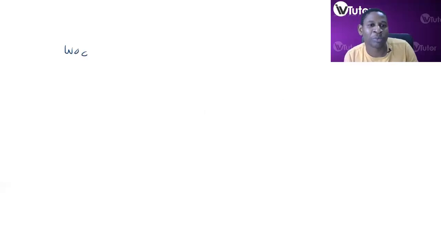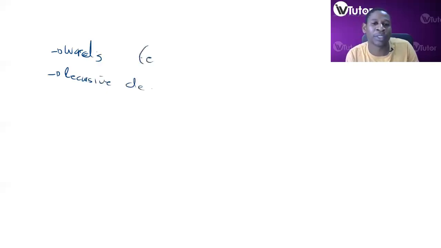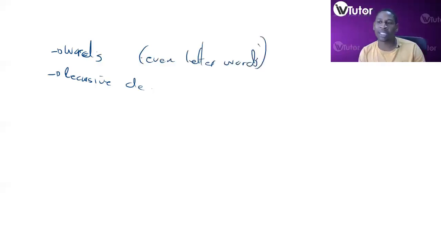So far, we've been able to define languages using the recursive definition, right? So we can say language of all even letter words. Right, we want to introduce another way of defining these languages, and we call that regular expressions.